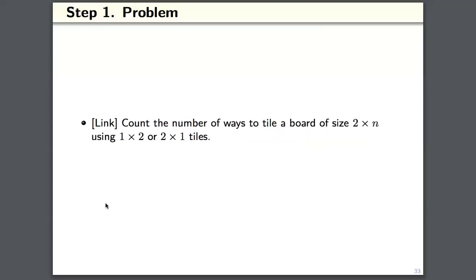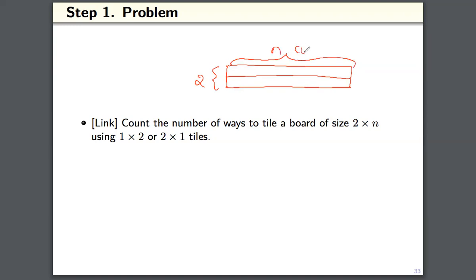So here is the problem. You have a board of size 2 cross n. So there are 2 rows and there are n columns, right? So this is a board of size 2 cross n.